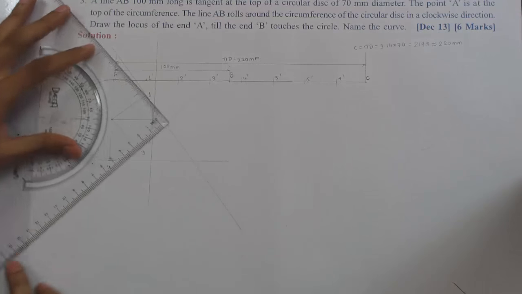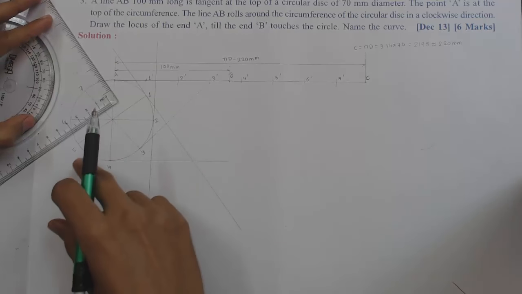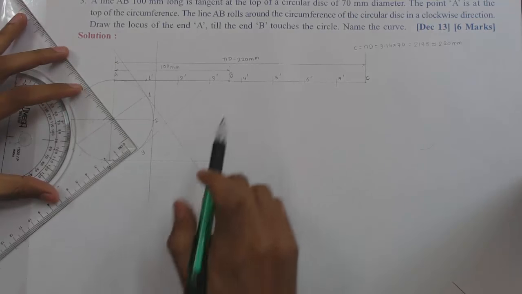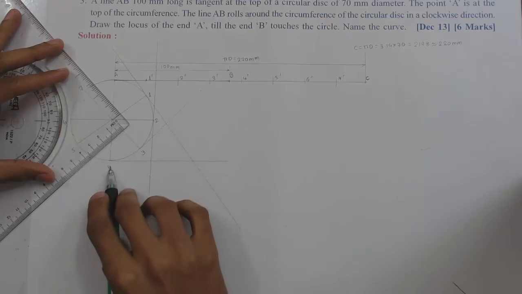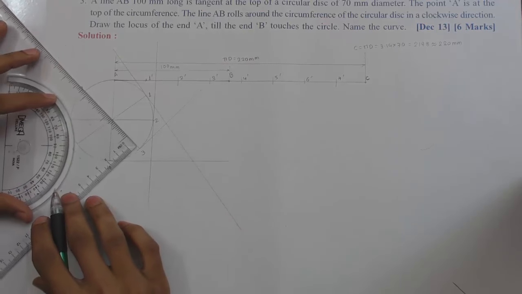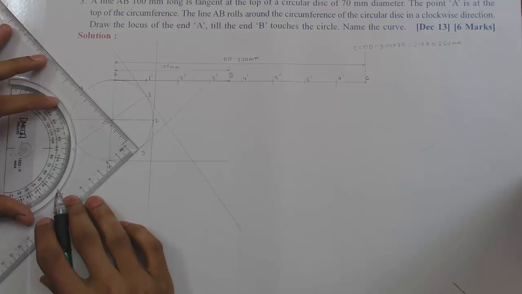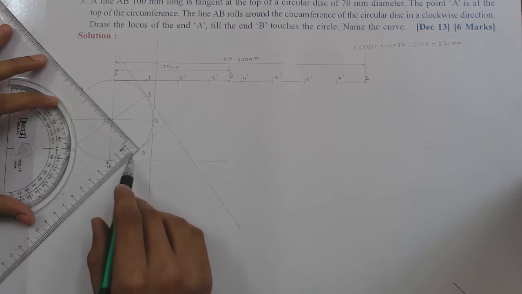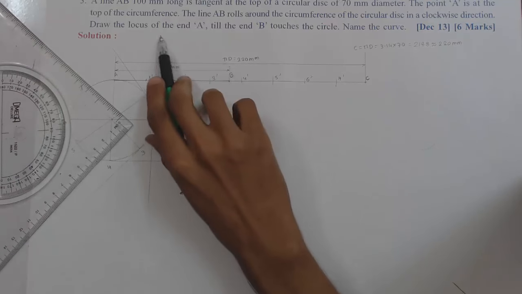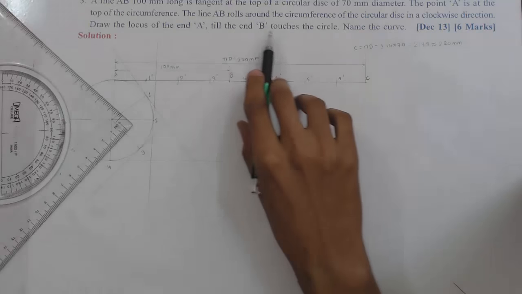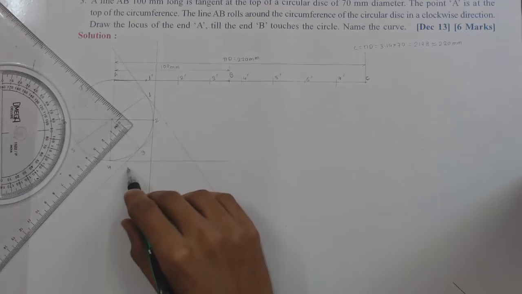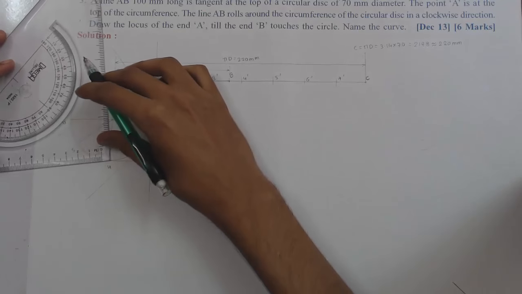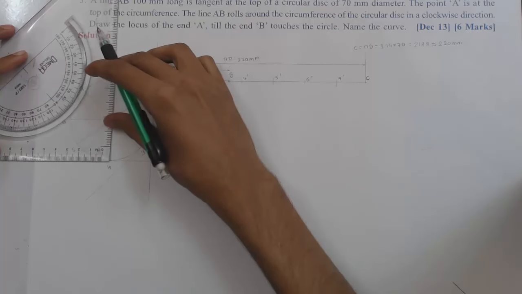Now see here, no need to draw the tangents at 5, 6, 7 because we know that point B is going to touch the circumference between 3 and 4. So up to 4 is sufficient, because in the question it is asked to draw the locus of end A till B touches the circle. As we are sure that B is going to touch between 3 and 4, we will draw tangents up to point 4 only.